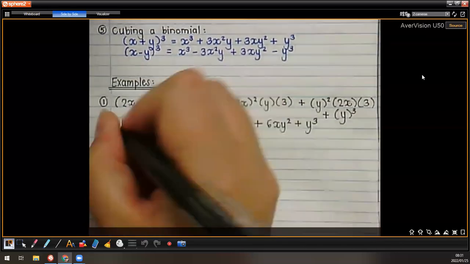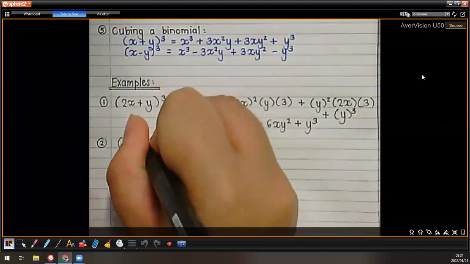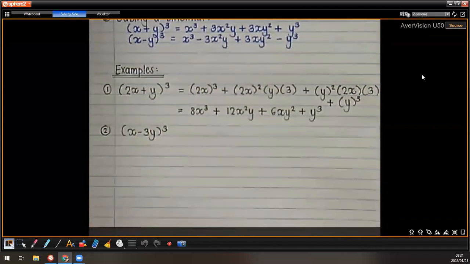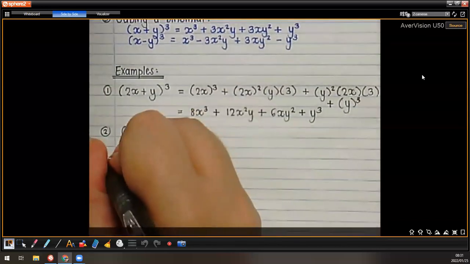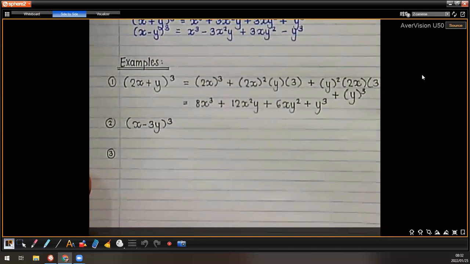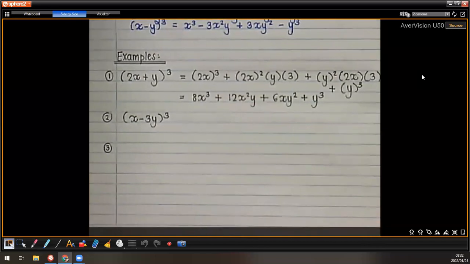Okay, this one is, let's do an x minus 3y cubed. Do that one on your own. Once you do the work, you have to go like you did there. In exams, they want you to do it in one line, or under one extra.